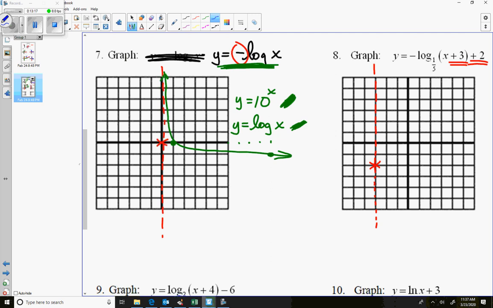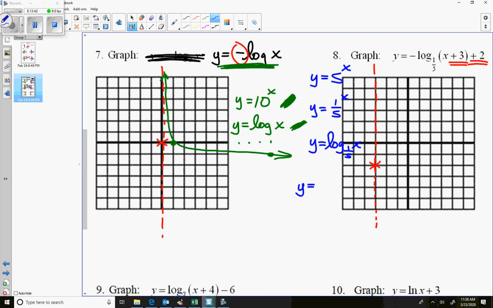Let's see. I'm trying to decide how in depth I want to go. Let's just start this way. Y equals 5 to the power of x becomes y equals 1/5 to the power of x. This becomes y equals log base 1/5 of x.